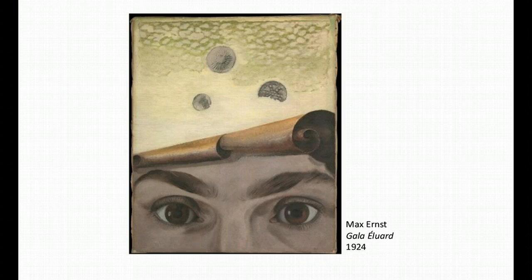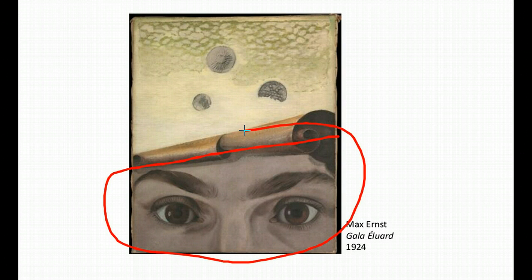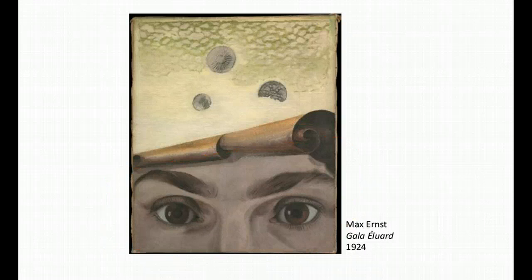It's more engaging for other artists to encounter. And so surrealism, as defined in this image of Gala Eluard, is a combination between what is representational and easy to read, i.e. this portion. You can very clearly see the person's eyes looking out. You can very clearly see the fact that this is supposed to be a representation of a human body.